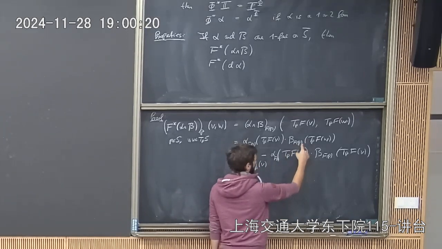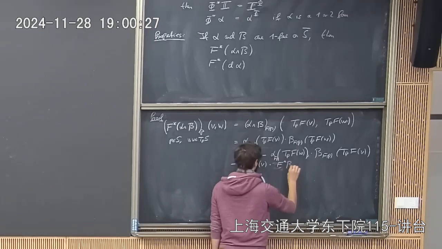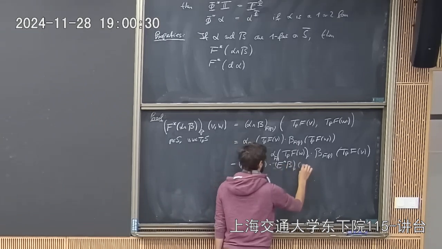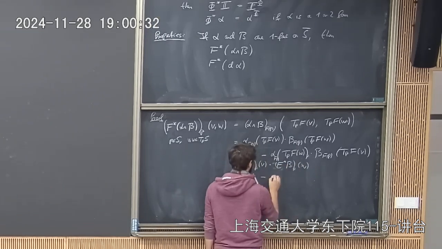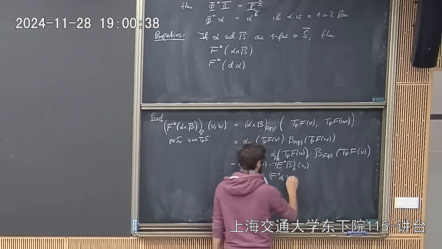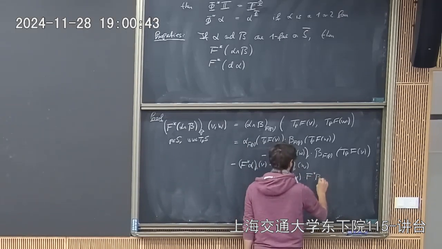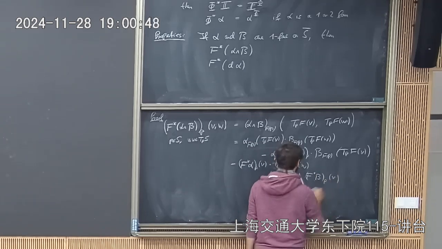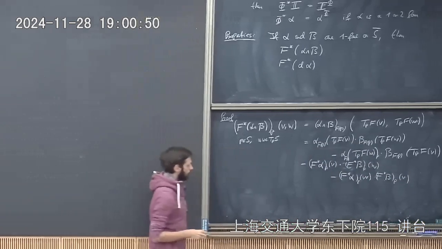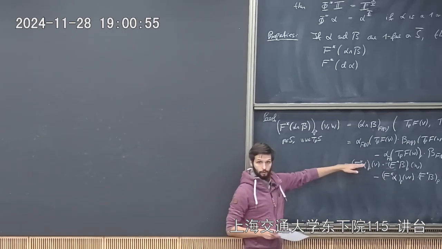And then the same thing happens here and here. So we get times the pullback of beta at the point P in the tangent vector W, and here we get the pullback of alpha in W times the pullback of beta in the vector V. But that's nothing else than, again, a wedge product evaluated on two vectors.